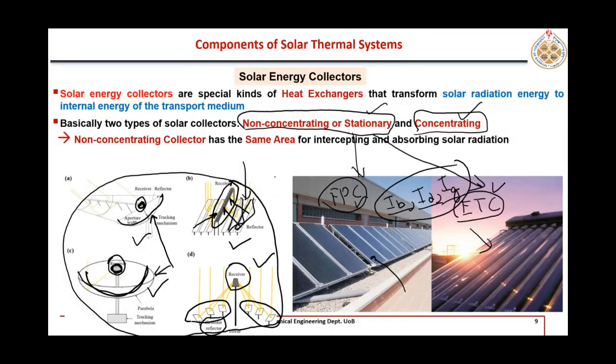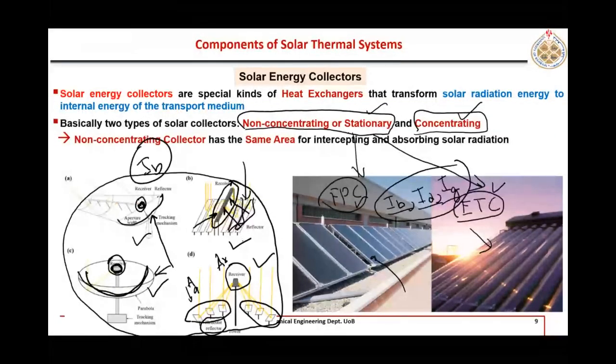So a large aperture area is receiving solar radiation, but a very small receiver area is absorbing the same radiation. In these types of collectors, they are mainly dependent on beam radiation.